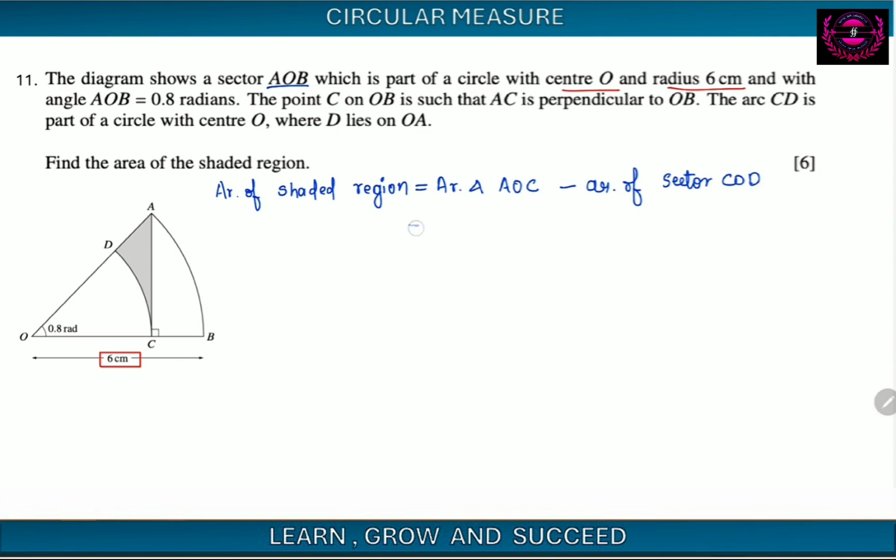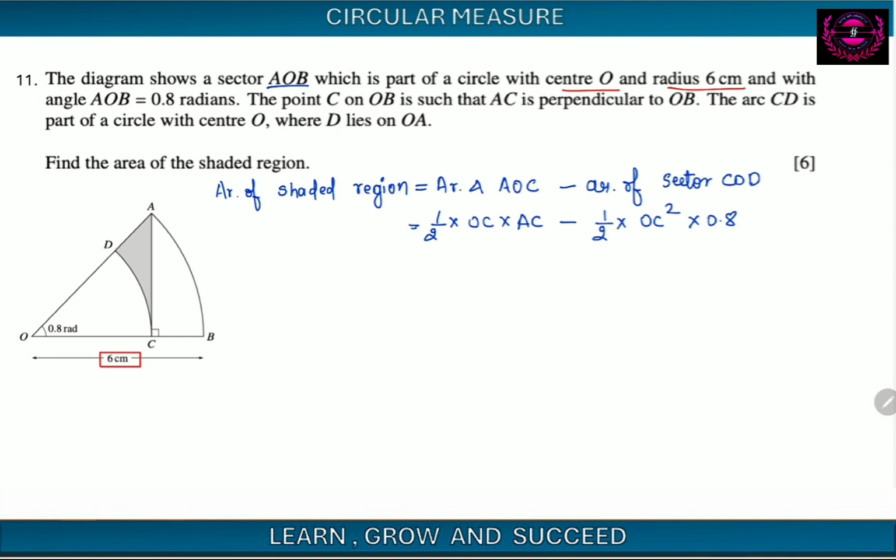Now, to find area of triangle AOC, which is right angle triangle, we can use half into base into height. So half into base is OC, and height is AC. And the area of sector we use half r square theta. So our radius is OC, so half OC square theta. So theta is 0.8 radians.